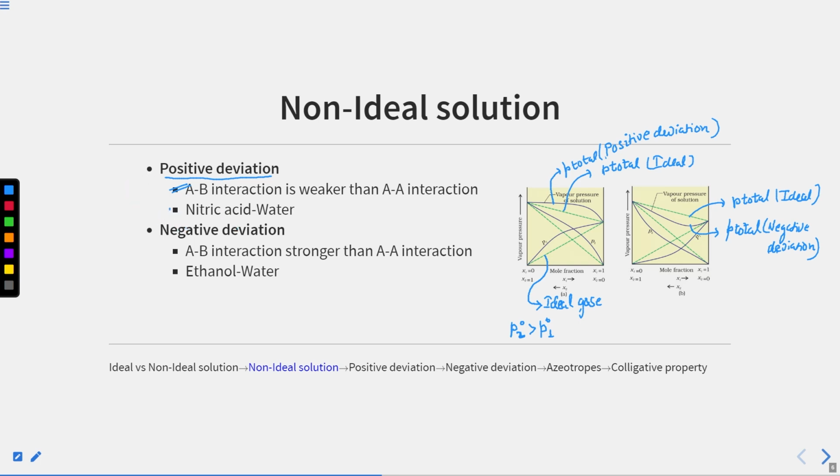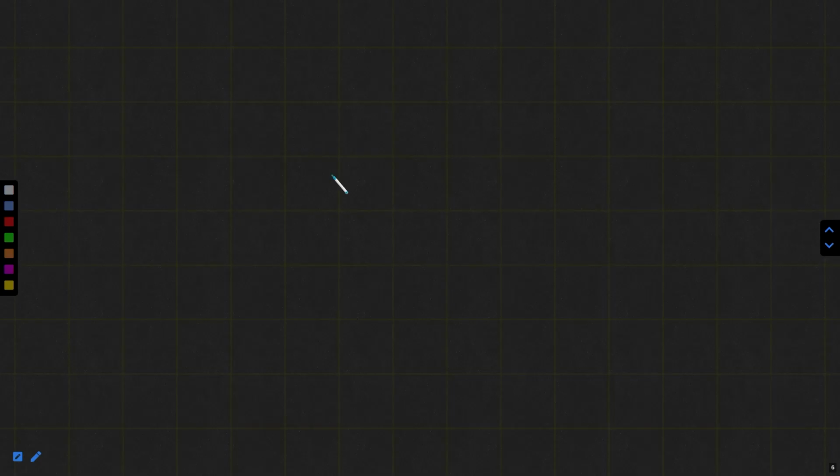What is the common example? It is nitric acid and water. How is it happening? Why is the interaction weaker? So we have two molecules, one is H2O and one is HNO3.